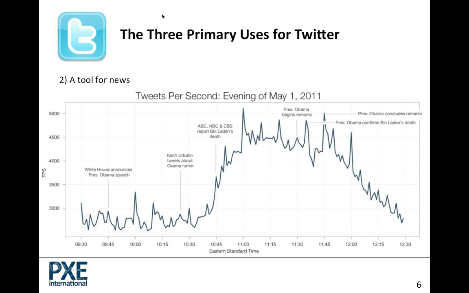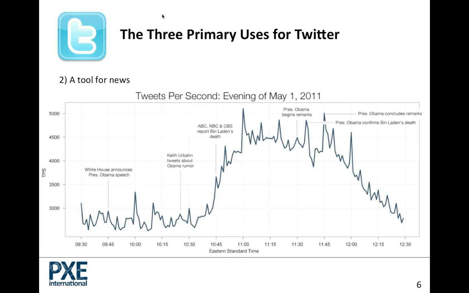So at 9:45, the White House announced Obama's speech. And then shortly before 10:30, the rumor that Osama bin Laden had been killed came out. And you can see from the chart here how much the Twitterverse exploded at this news. It just kept getting retweeted and retweeted and retweeted. And the next day, Twitter reported that between 10:45 p.m. until 2 a.m. the next morning, there was an average of 3,000 tweets per second.